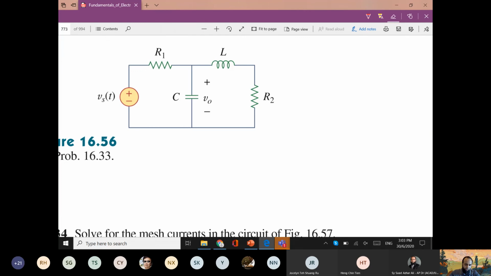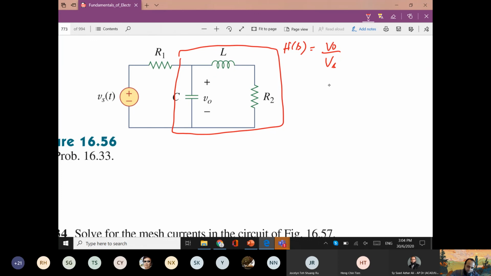So let's find out V0 over Vs. H of s equal V0 over Vs. All right. So we have to relate this, and it looks like if we can find this impedance, converting it to be like this, then this voltage is actually V0 because they're in parallel.